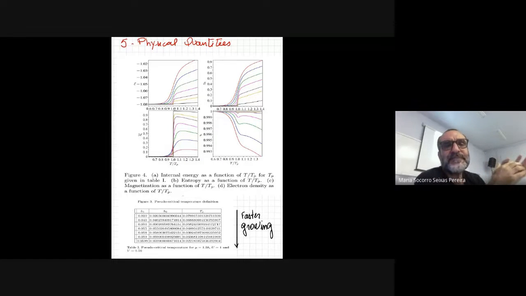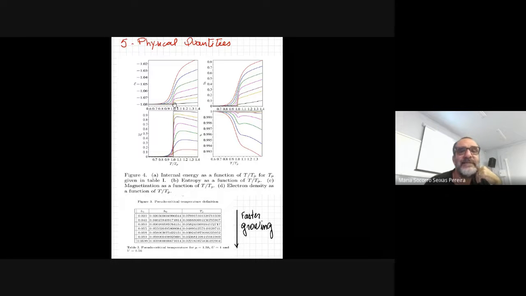Now, internal energy, here you have, you can observe the jump is very fast and the jump is slow.